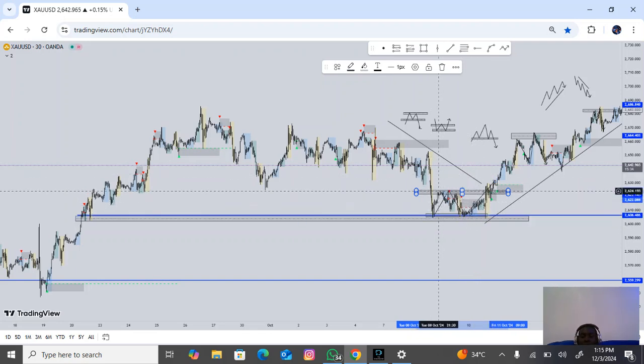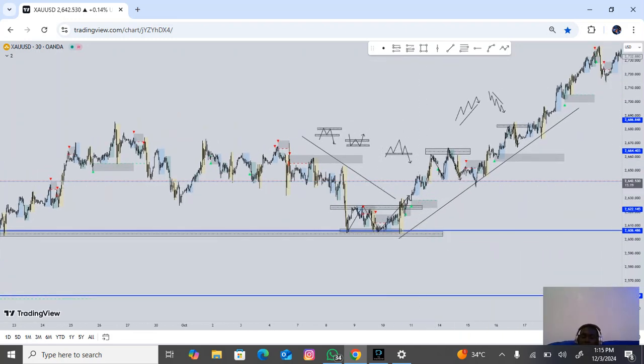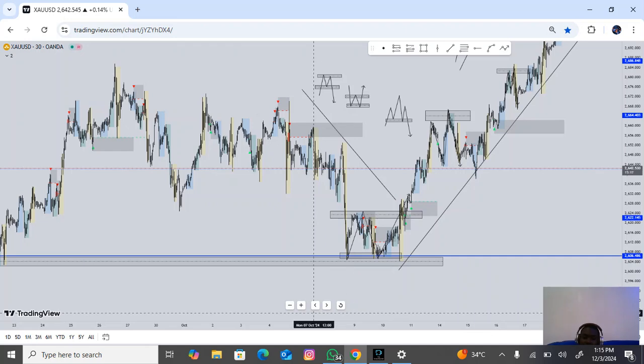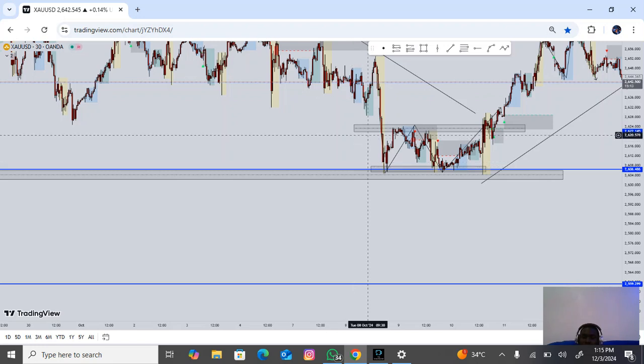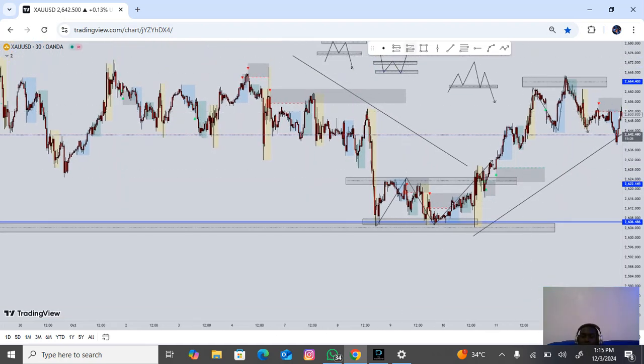After you identify this neckline, once it breaks above that neckline, that's a trading opportunity. You can buy from there. Some people wait for the retest back inside the zone. Once it breaks this neckline above, that's a trading opportunity where you can buy from.